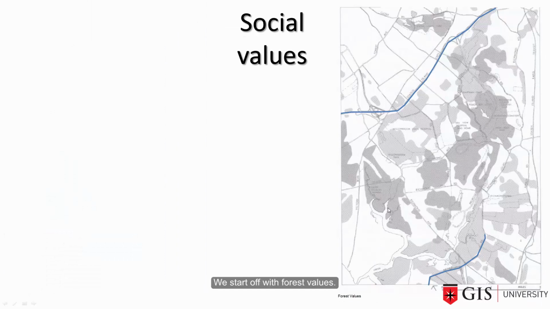We start off with forest values. So the oldest forests with the greatest forestry values will be shaded the darkest, and those areas that are not forest at all will be transparent, and those areas that are moderate quality forests will be shaded a grey, this more grey colour.